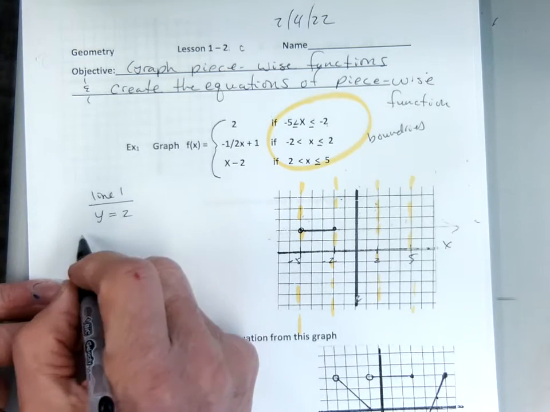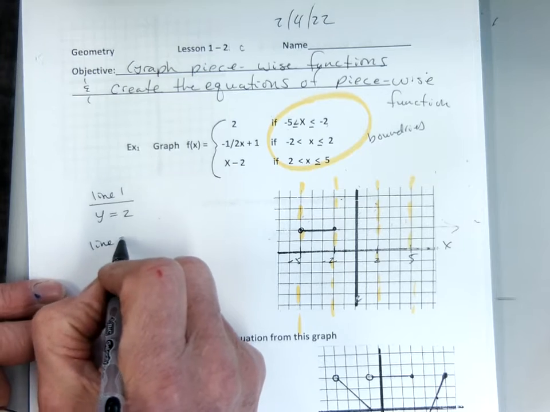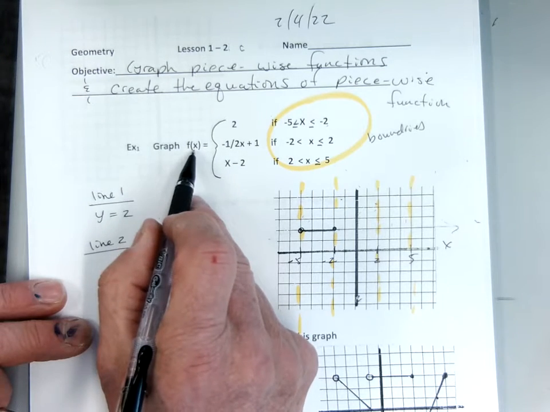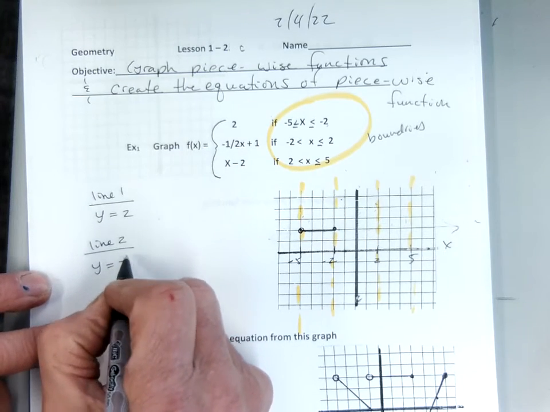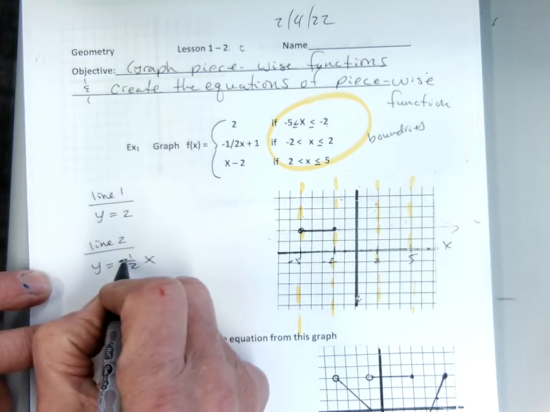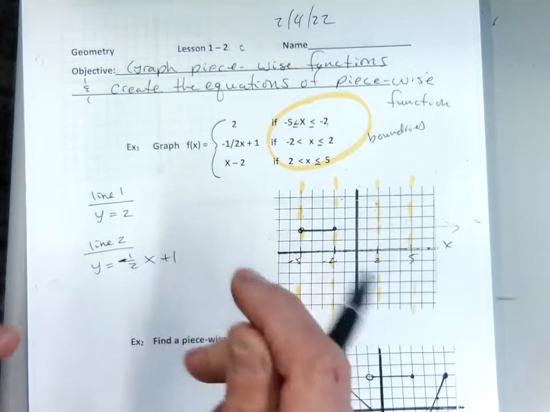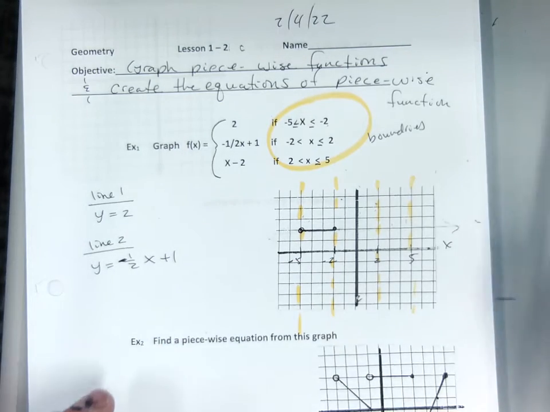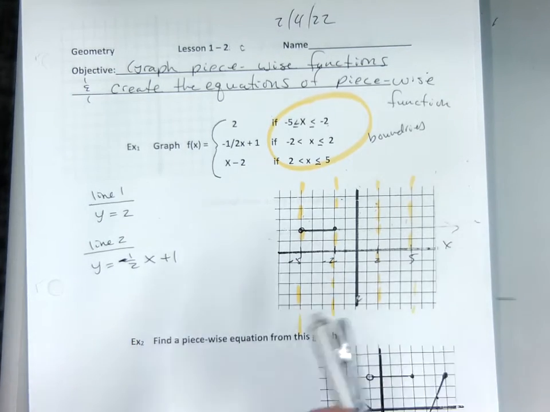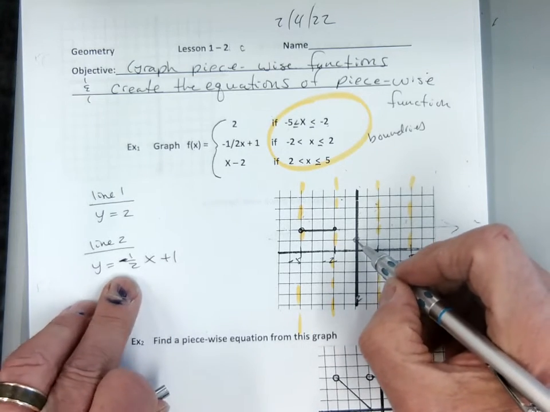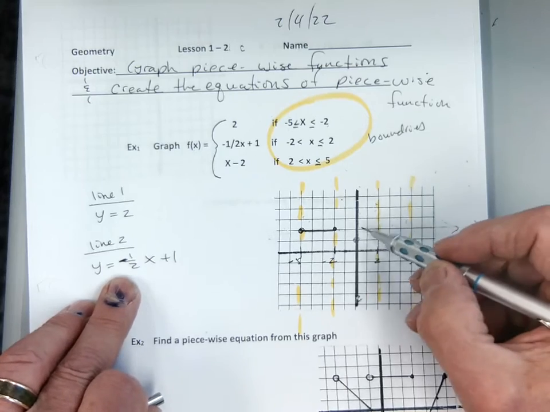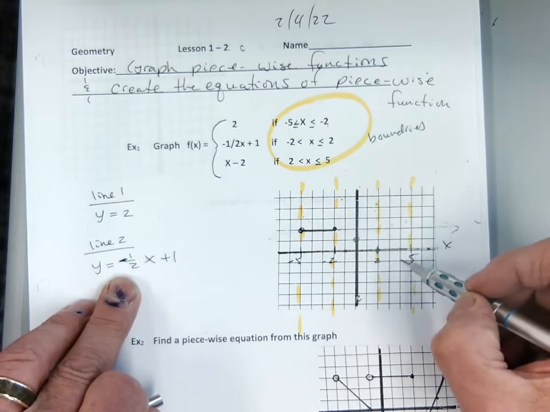Line 2 is y equals -1/2 x plus 1. So that's a y-intercept at +1. A slope of -1/2, which is down 1/2, down 1/2.